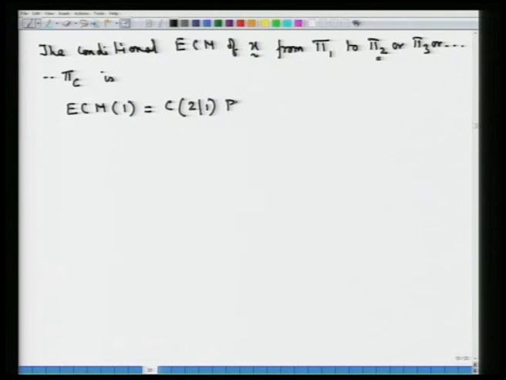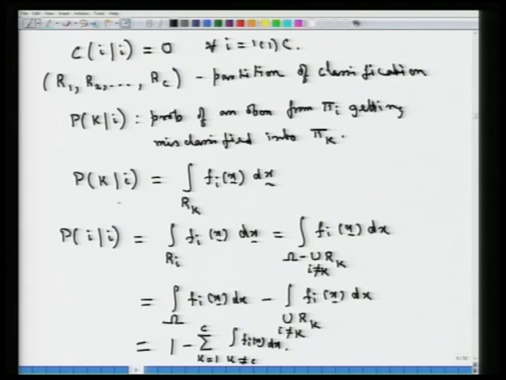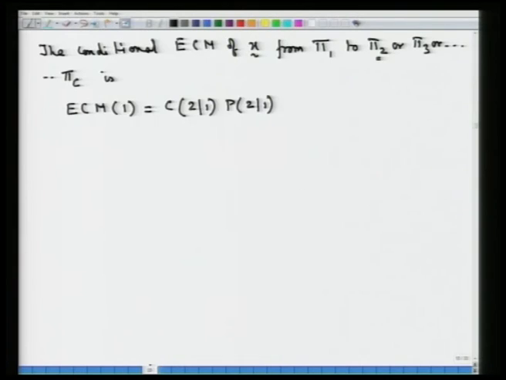And what is the probability of misclassifying an observation coming from the first population into the second? This is given by P21, where P21 is given by the expression that we have written for a general k situation here. So, P21 would in particular be the integral over R2 of f1 x dx. So, that is how this term is defined.